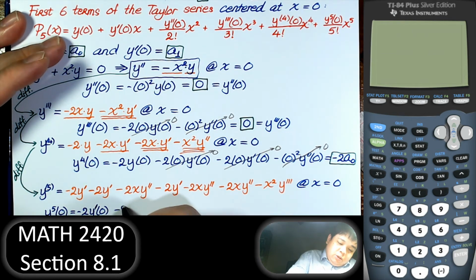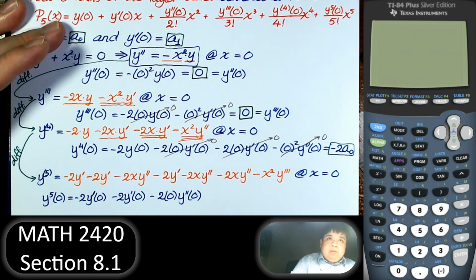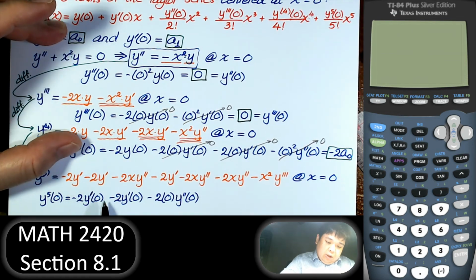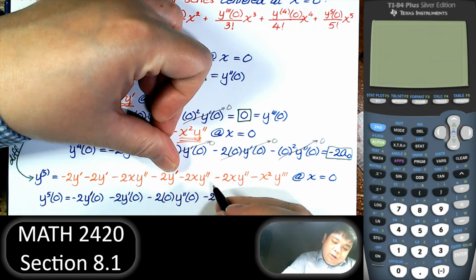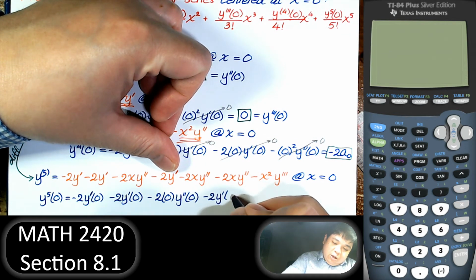And then minus 2 y prime of 0, minus 2 times 0 times y double prime of 0. Okay, 1, 2, 3, 4, 1, 2, 3. Okay, this one is minus 2 y prime of 0.